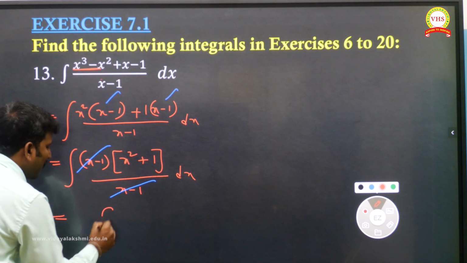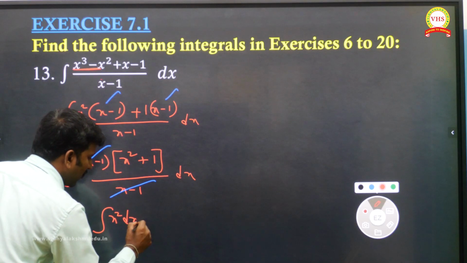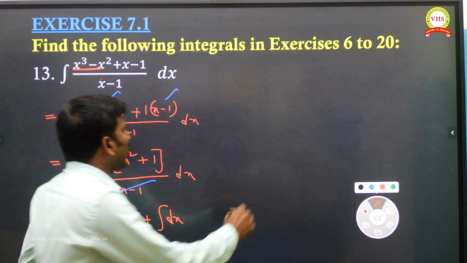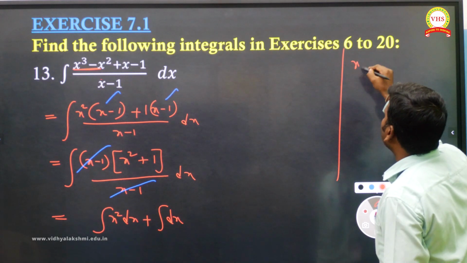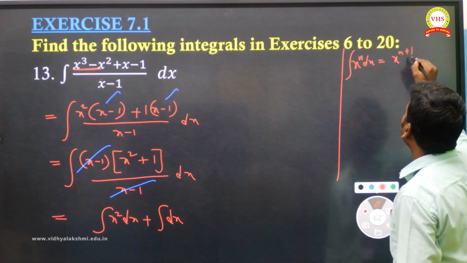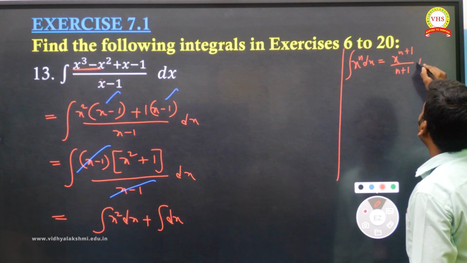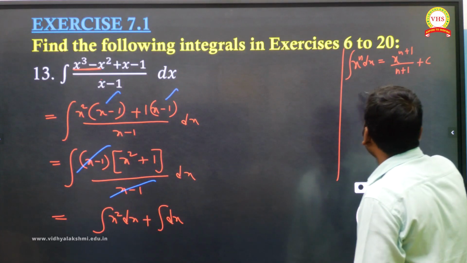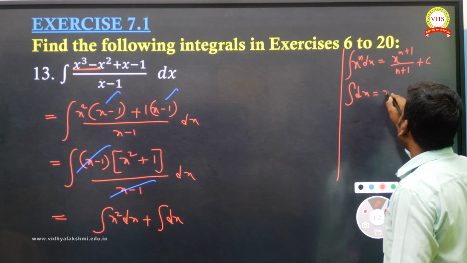For this, apply the integral separately: x square into dx plus 1 into dx, that is dx. What formula am I going to use? The formula is: integral x power n into dx equals x power n plus 1 divided by n plus 1 plus c. That's the first formula. Second, integral dx is directly x plus c.